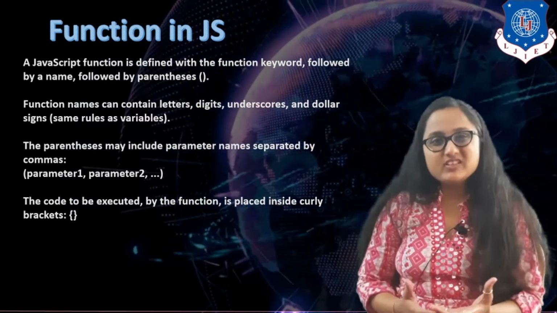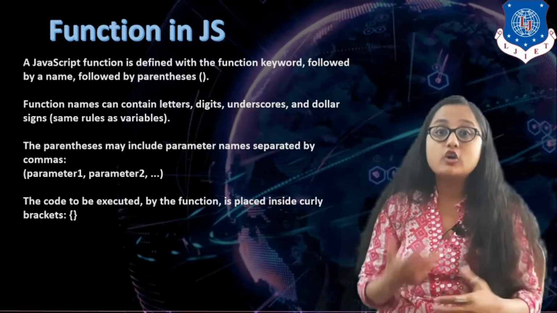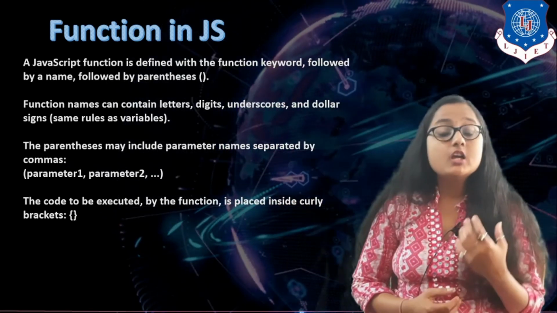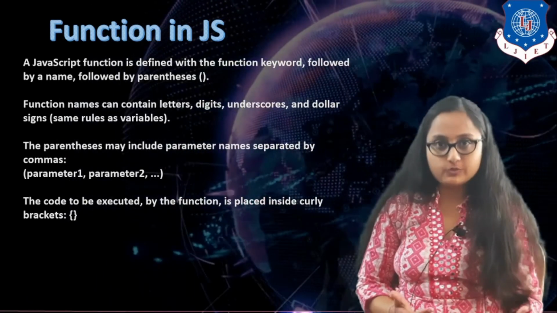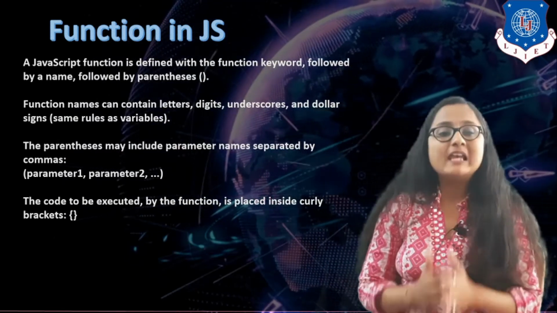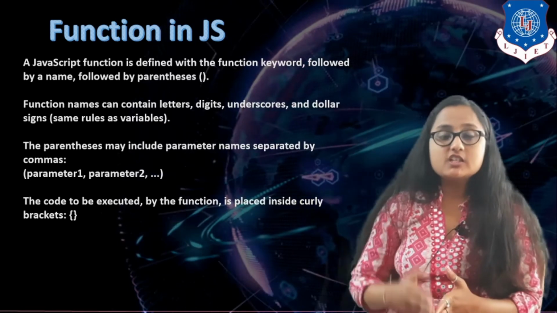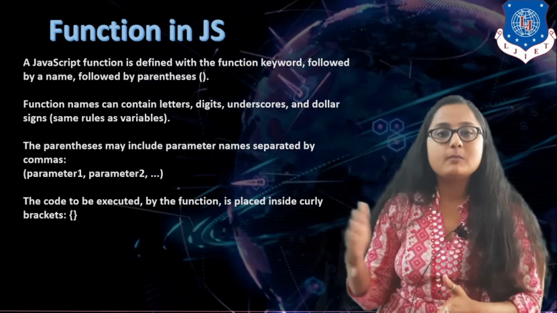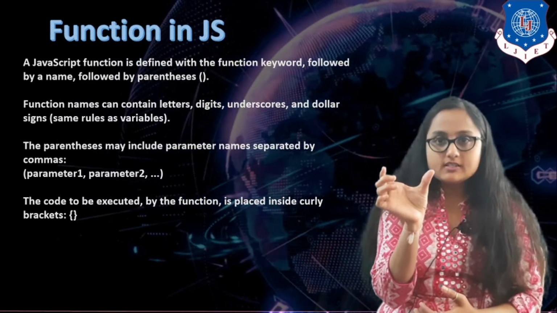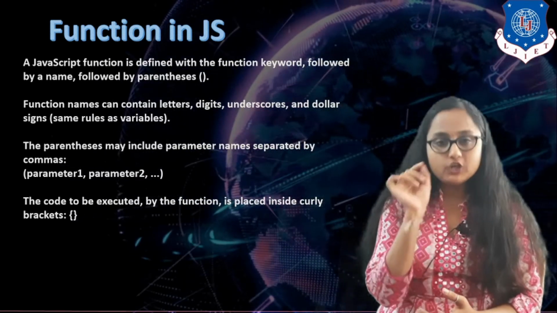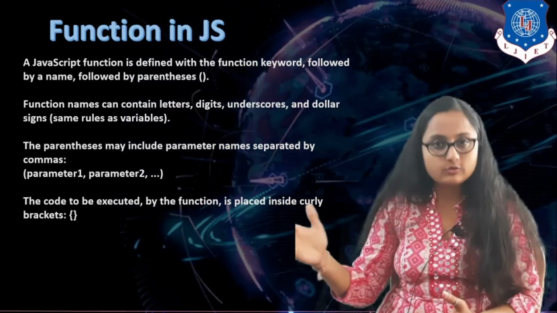Now, you may wonder, ma'am, is this parenthesis empty or can it include parameters? Yes, because it has similar characteristics to other programming languages, you may include parameters inside this parenthesis as well. These parameters should be comma separated. So the syntax is the function keyword, function name, parentheses, and if you want to write parameters, you write them comma separated.